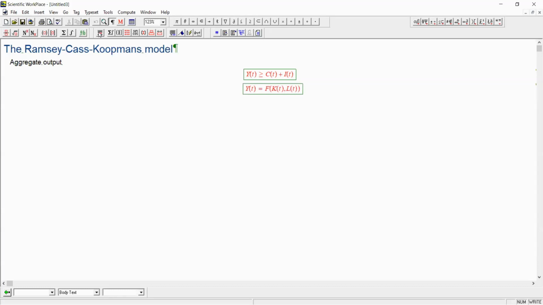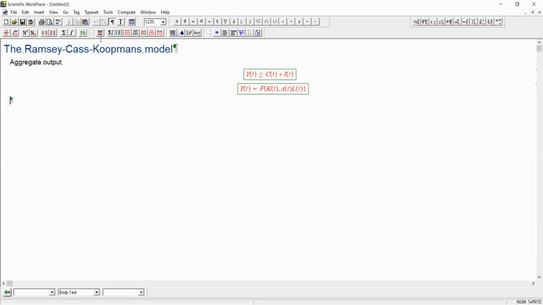The third variable we're going to have here is a productivity term, which enters the production function multiplicatively. So growth in productivity is labor augmenting.